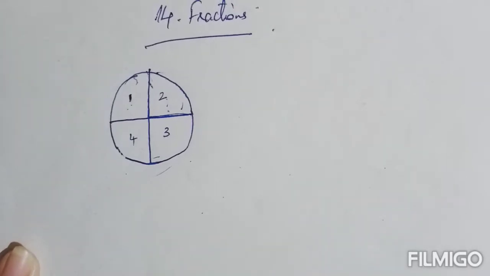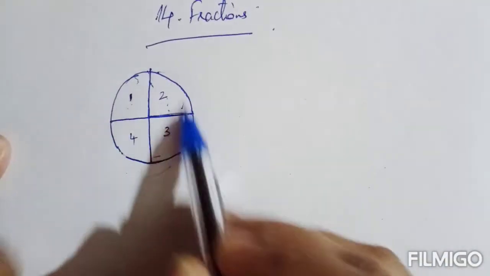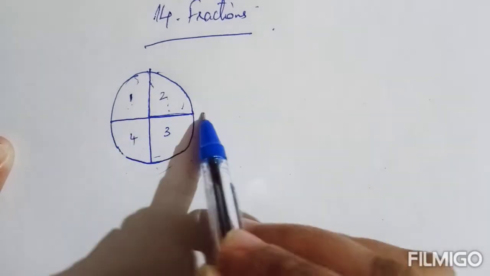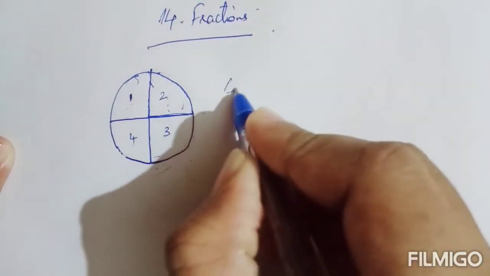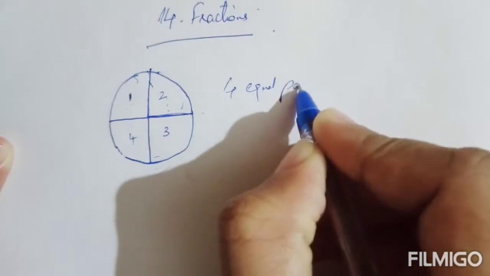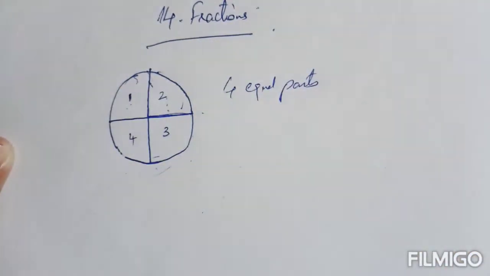What do you mean by fractions or fractional numbers? Let us take one example. This is a circle and the circle is divided into 4 equal parts. Okay, we are dividing the circle into 4 equal parts.